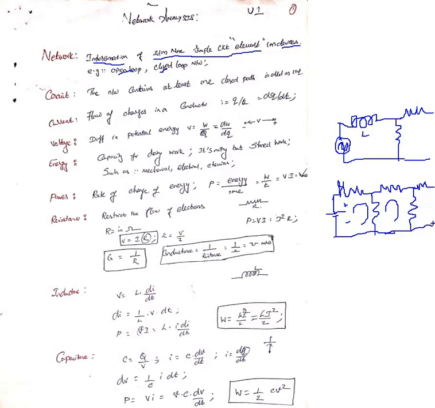So it's an open circuit. But is this called a circuit or not? Yes, it is called a circuit, because at least one closed path is there. Here more than one closed path is there. So that's why it is called a circuit. A network that contains at least one closed path is called a circuit.